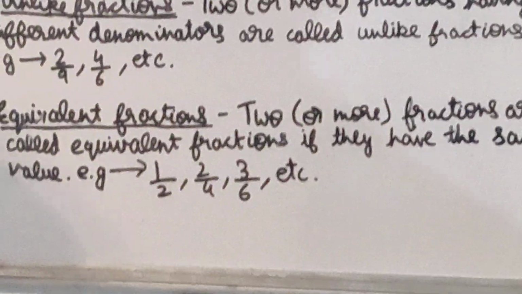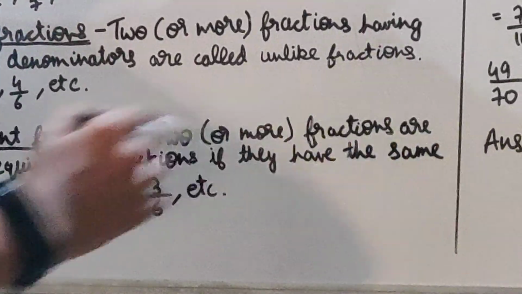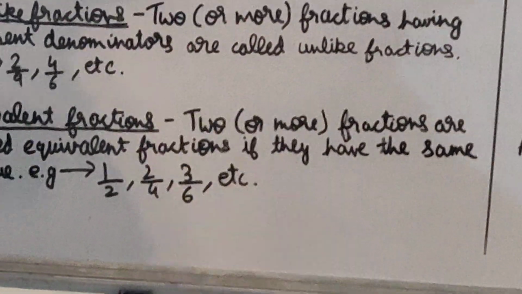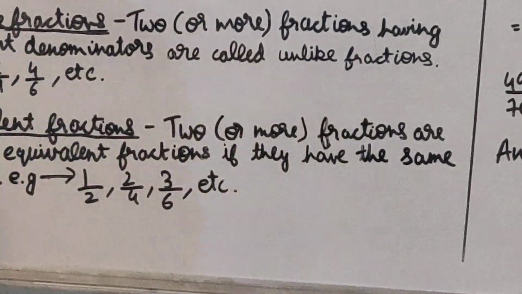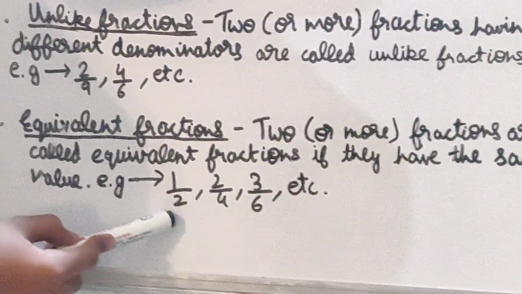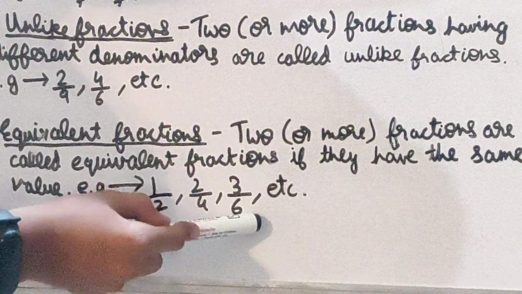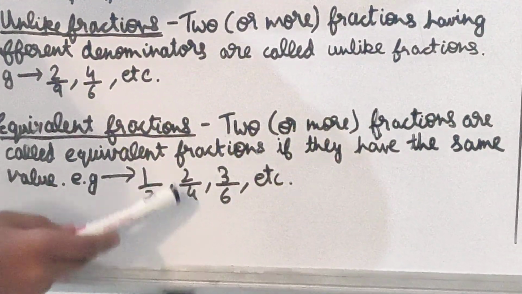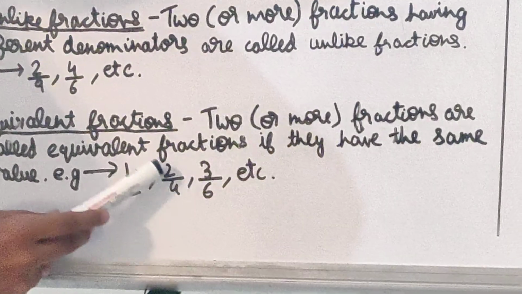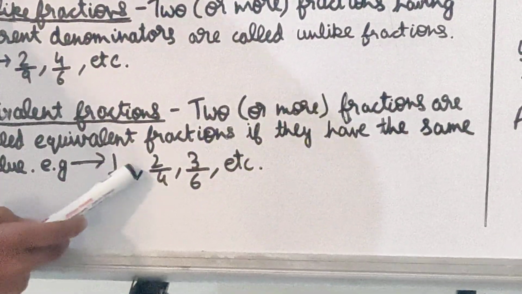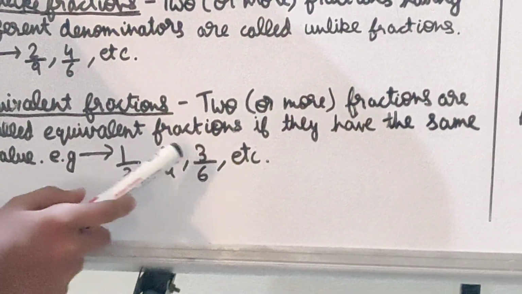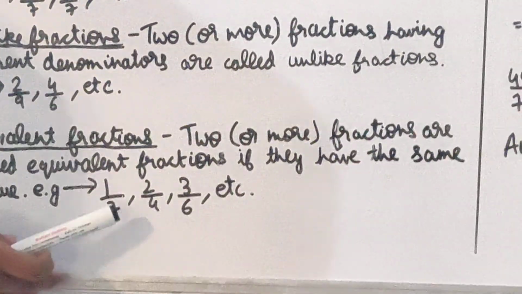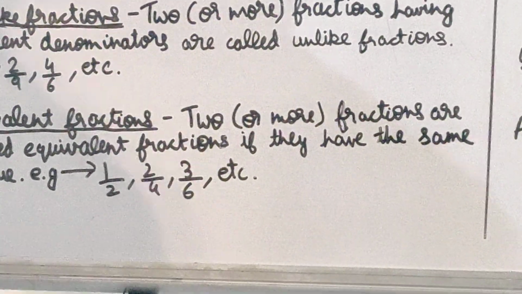Then, equivalent fractions. Two or more fractions are called equivalent fractions if they have the same value. This is important. 1 upon 2, 2 upon 4 and 3 upon 6 is the example. If we multiply 1 upon 2 into 2 upon 2, we will get 2 upon 4. If we multiply 1 upon 2 into 3 upon 3, we will get 3 upon 6.